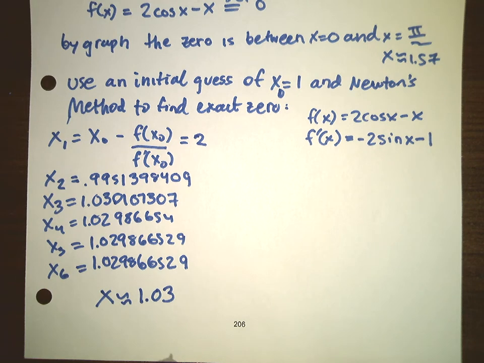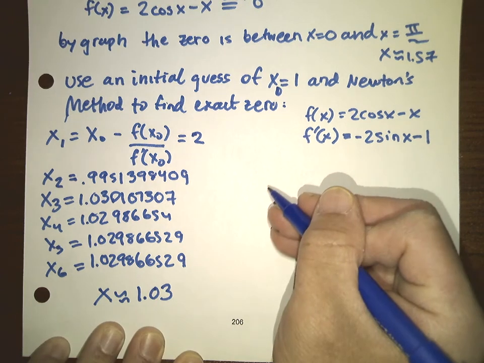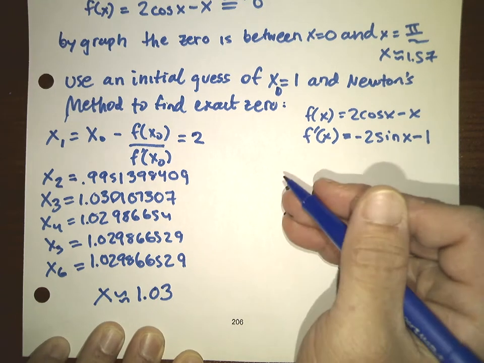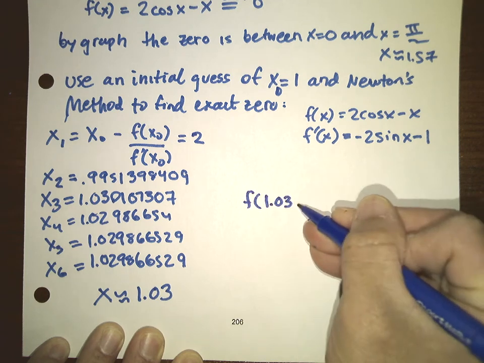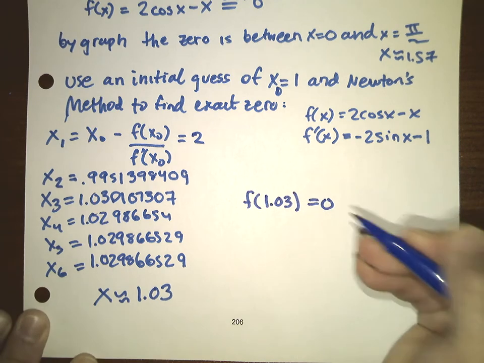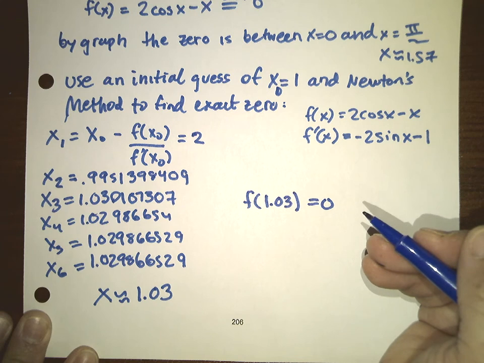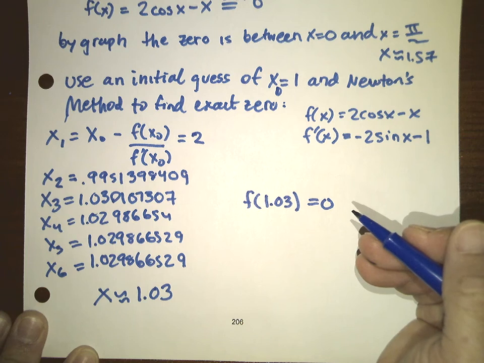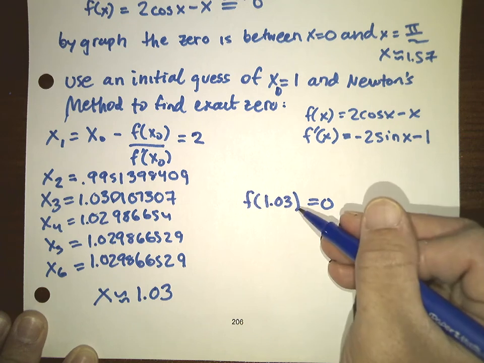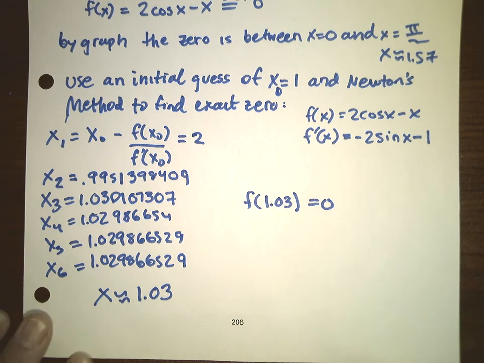Now what we want to do is figure out the intervals on which f is positive or negative. So if f of 1.03 is equal to 0, then all we need to do is figure out what is happening at values that are less than that and bigger than this.